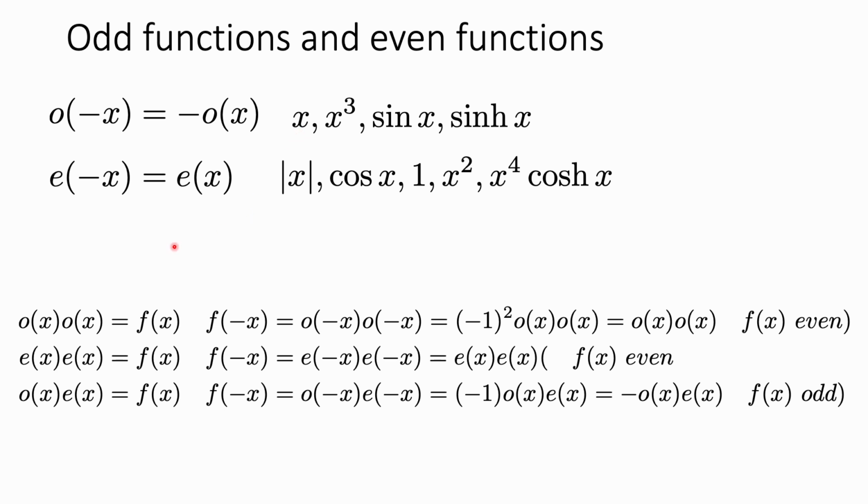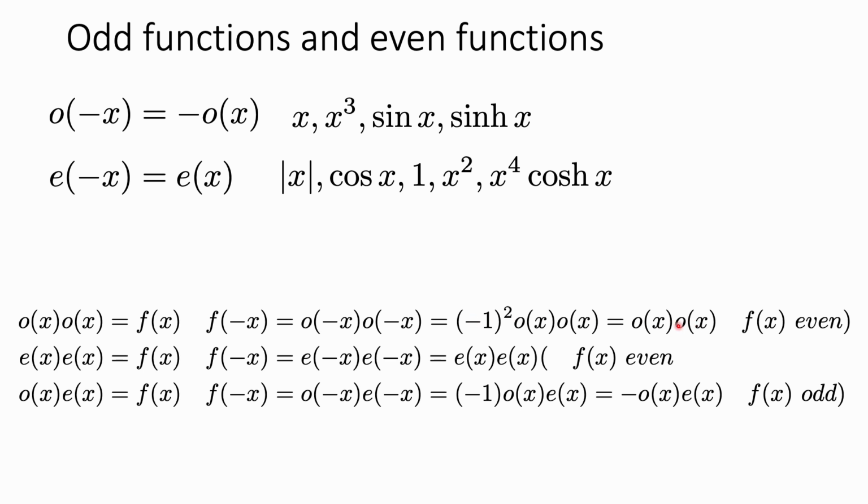We can prove that an odd function times an odd function is going to be an even function. For this function, we have two odd functions, then we get the -1 squared out in front, which gives you plus an odd function times an odd function.